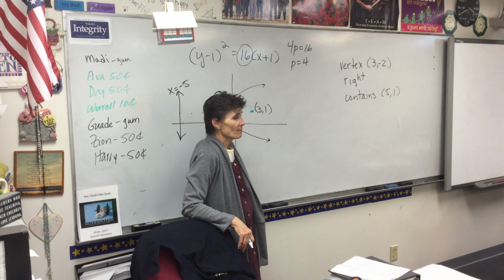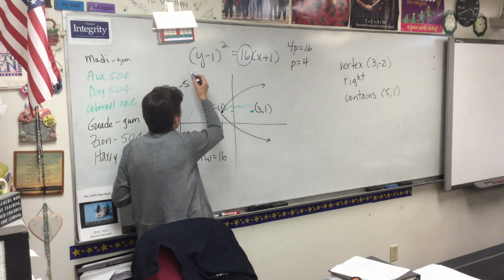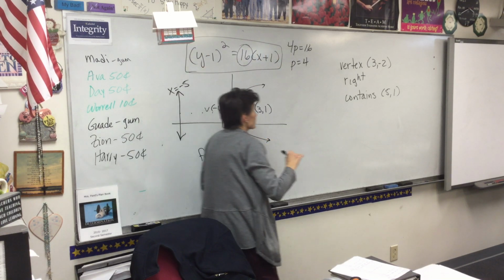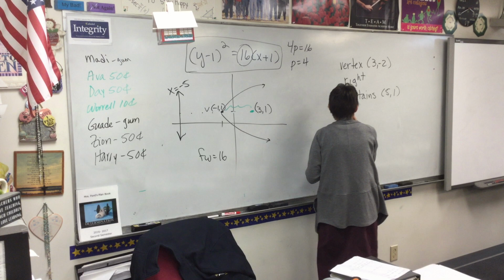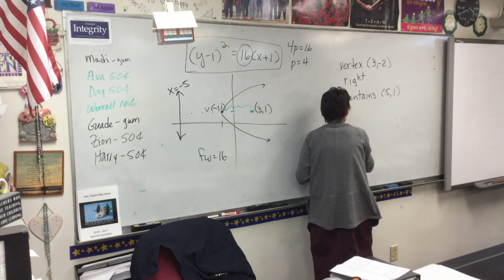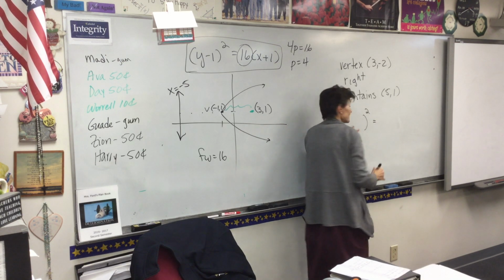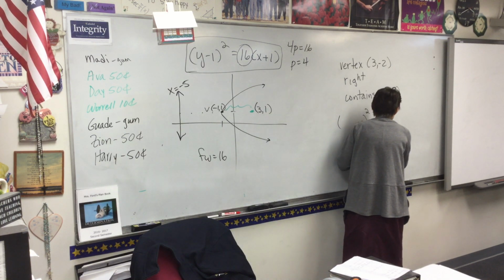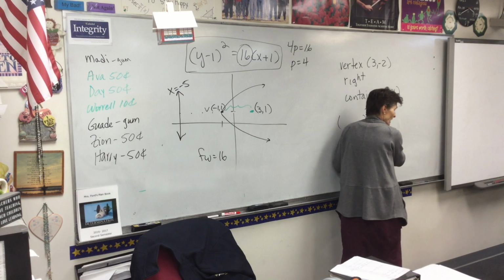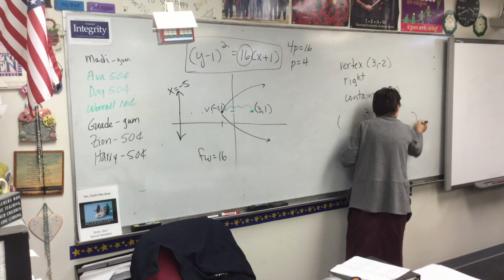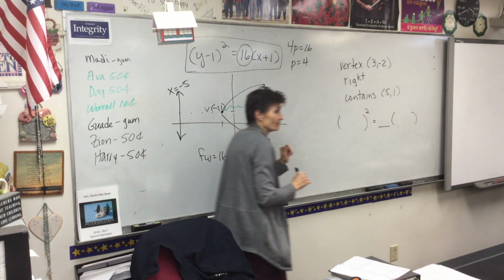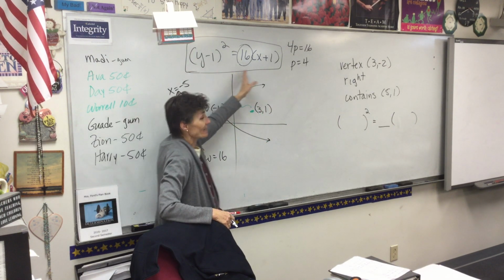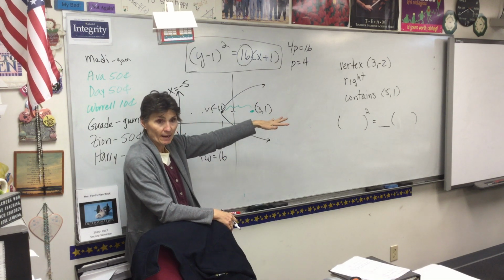Stop a minute and think about the equations that we've started with. They've had something squared on this side, and over here a number like 16 or -4, and then another parentheses that isn't squared. So the setup for the equations has been like this all the time.